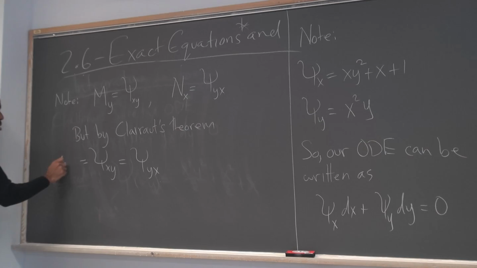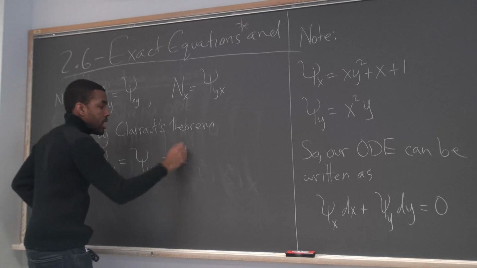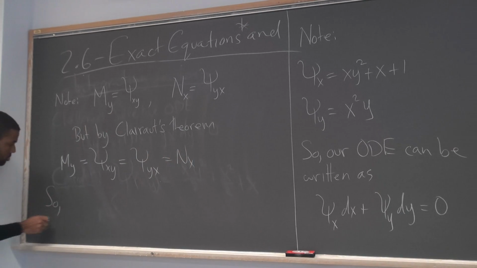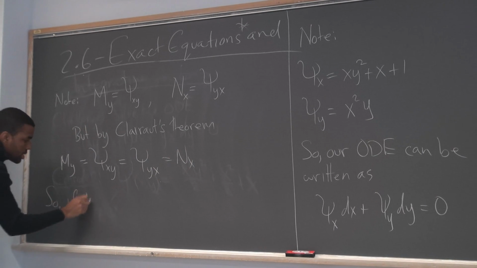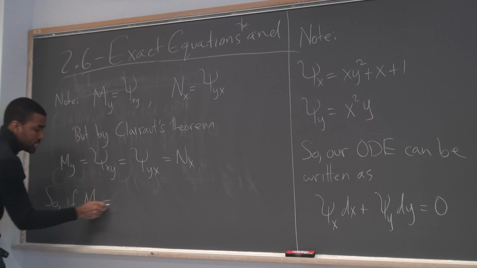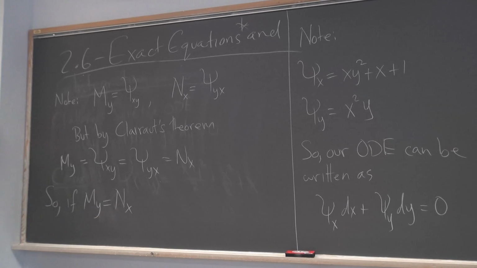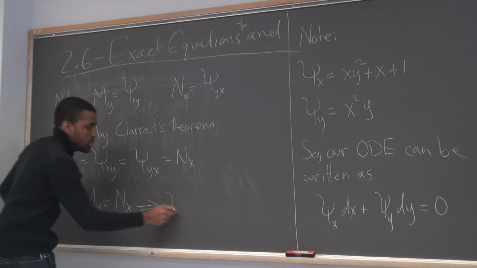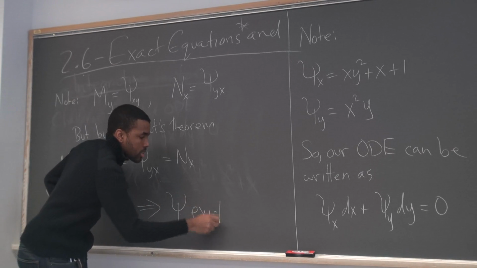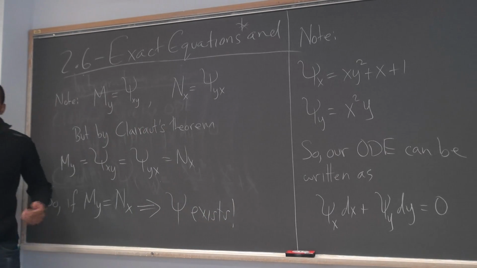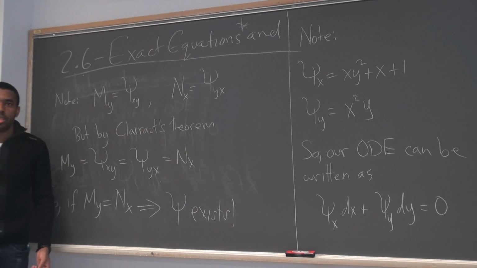But this one is M_y and this one is N_x. So if the partial of M with respect to y is equal to the partial of N with respect to x, then psi exists. We'll be able to reverse the process and find a function that does this.